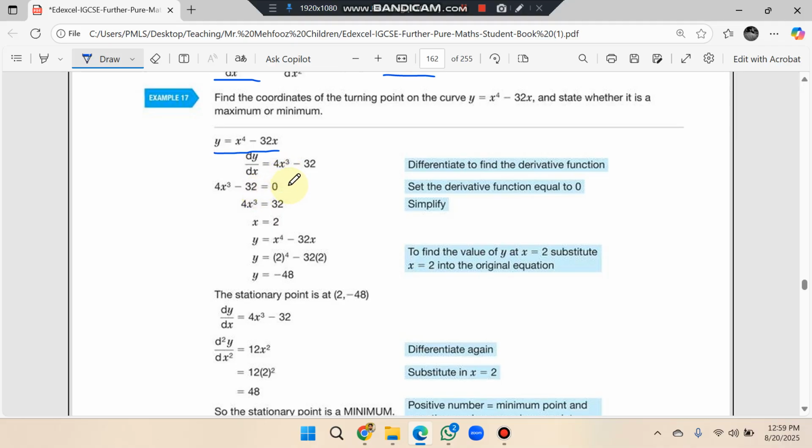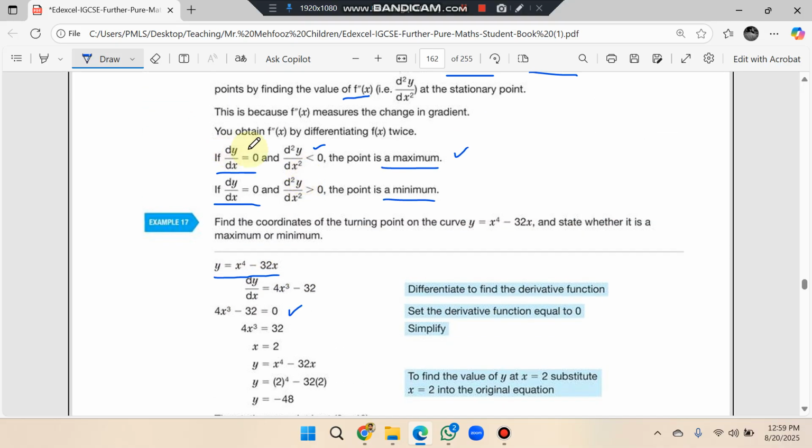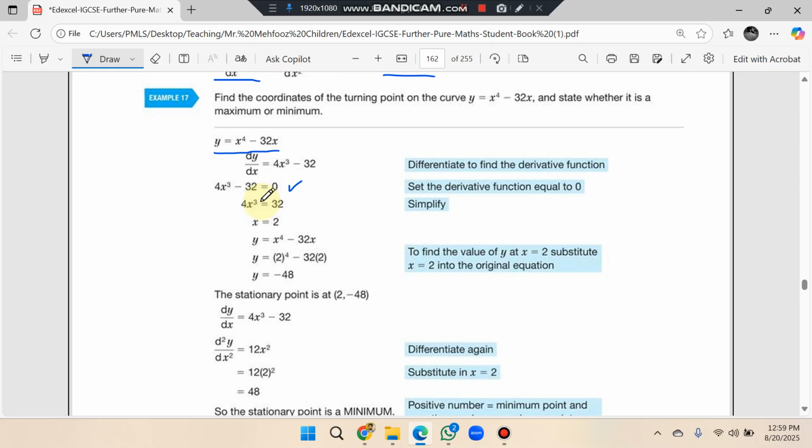We equate the derivative to 0 for this condition. After that, we find the value of x. Because the 4 goes to the right side and divides 32, it becomes 8, and the cube root of 8 is 2, right? So x equals 2.